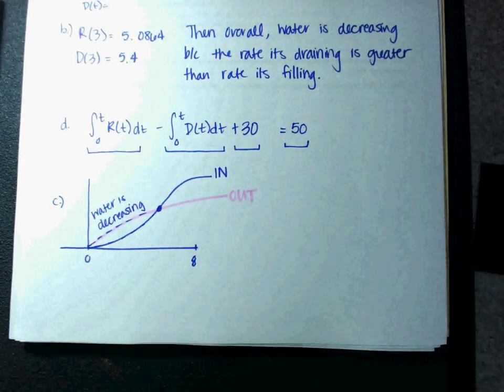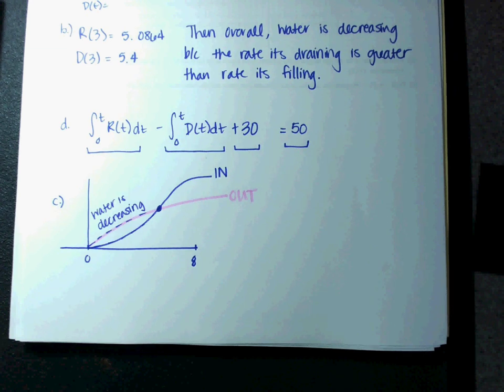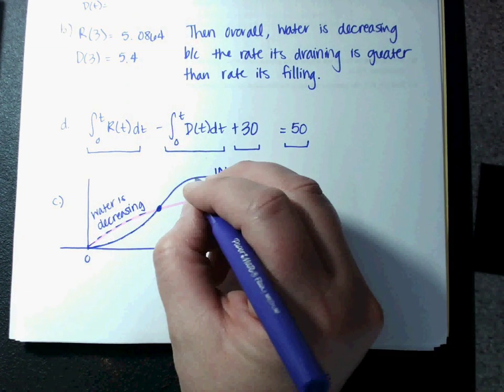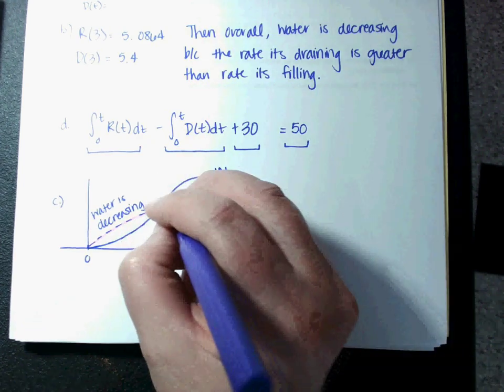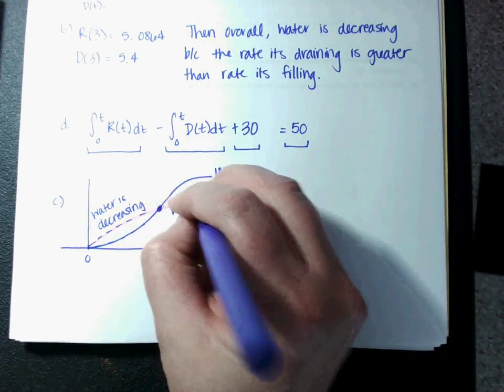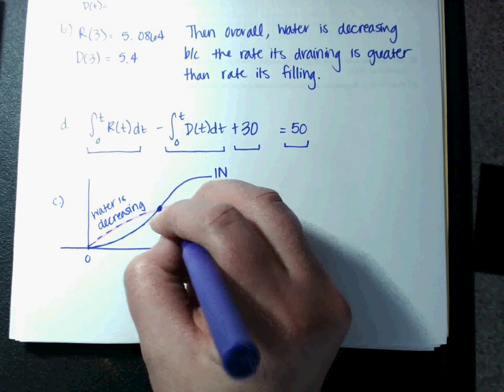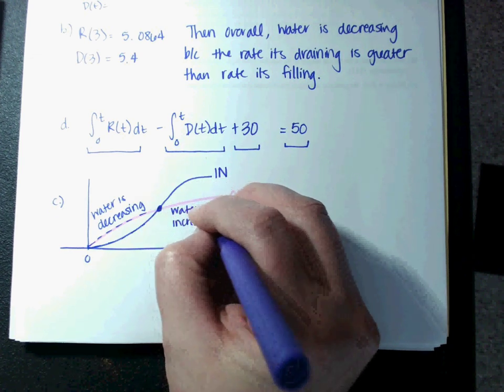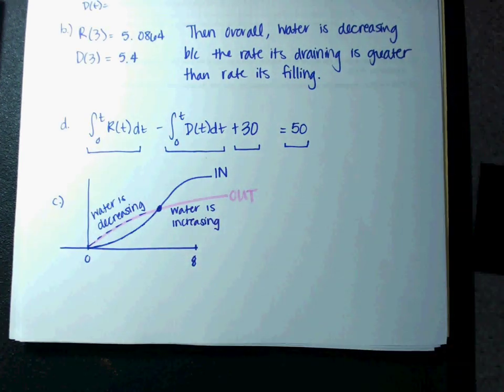On the other side of that intersection point, it flip-flops, and my water going in exceeds my water going out, so overall my water is increasing. There's still water going in and coming out, but it's going in faster than it's going out.